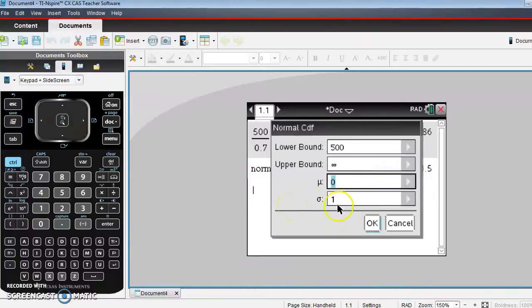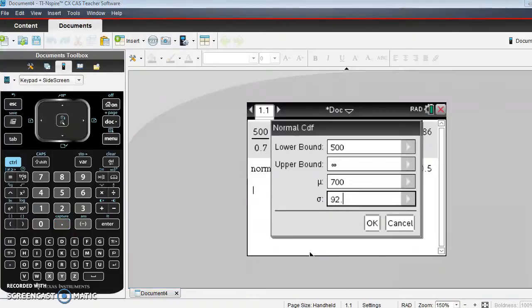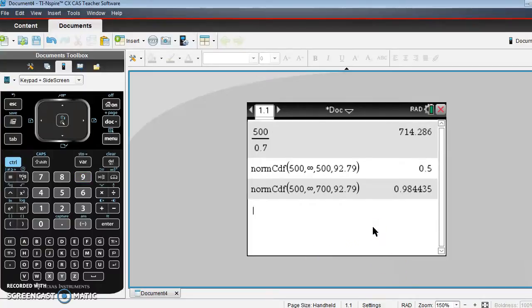And then 700. And then 92. Oh, I'm sorry, 79. Okay. That looks more like it. I put 500 in the last thing. I apologize. So this is 0.9844.